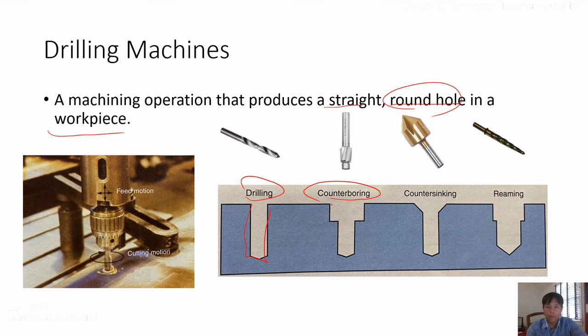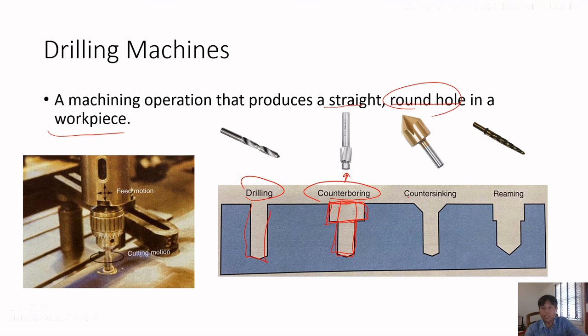Counter boring is making a little bit larger hole at the top of the general drilled hole. This is the drill bit for counter boring. For example, if you use a nut with the drill, we can use this counter boring. This can be the nut, and this could be the screw.